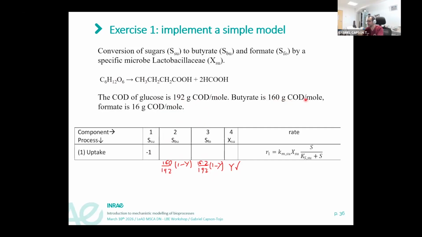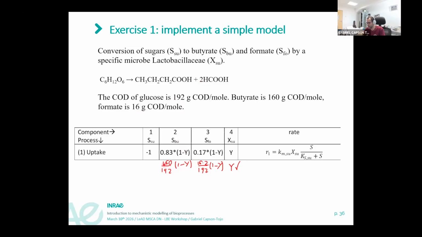It's 160 grams COD per mole divided by 192 grams COD per mole. So in this case, that's what you get. And in this case is 2, because the molar stoichiometry is 2 multiplied by the gram COD content per mole. And that's it. If you do that, that's the fractions you get.